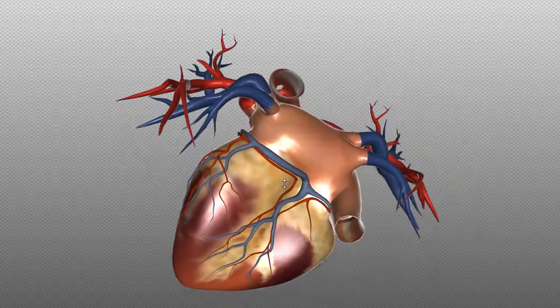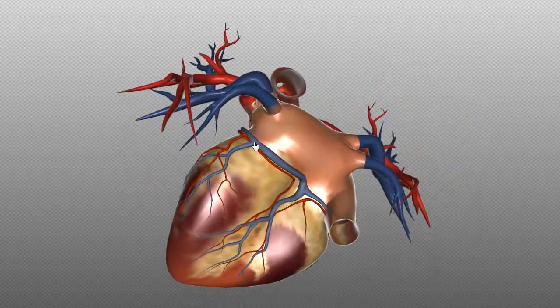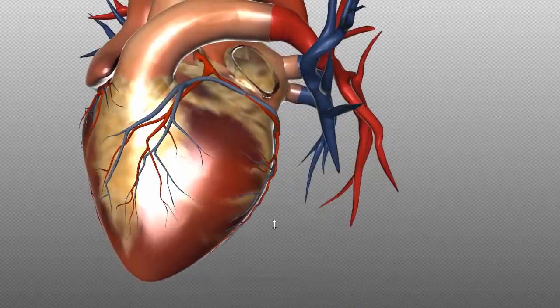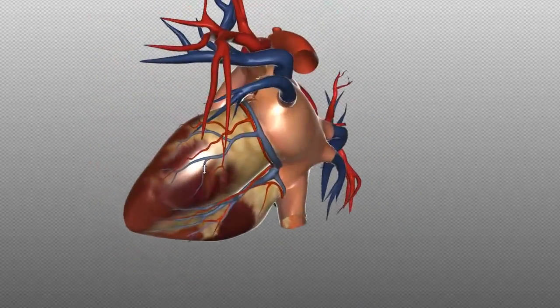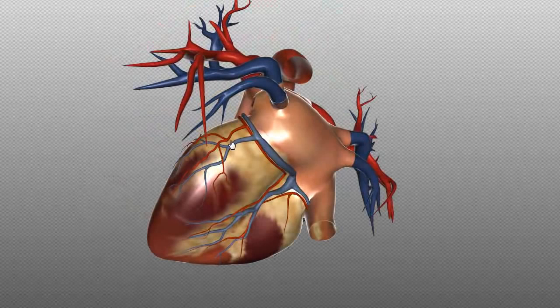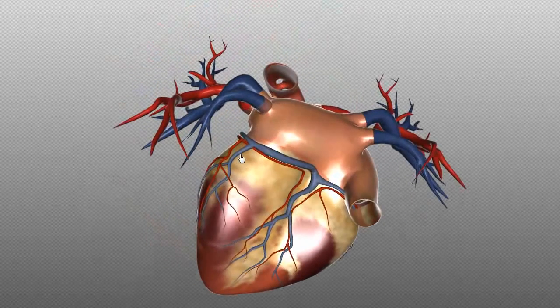This one on the margin of the heart is the posterior cardiac vein, and it meets the great cardiac vein to drain into the coronary sinus. So just rotating it around, you can see it lies on the left margin of the heart, and it drains into the coronary sinus.